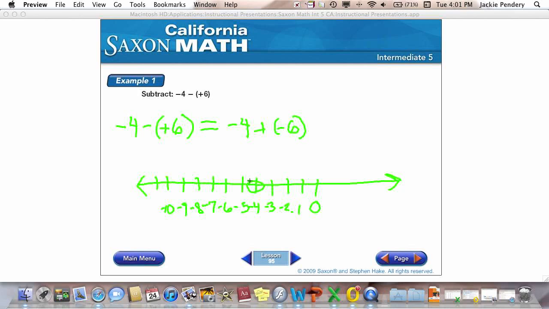Because this is a negative, we're going to move 6 this way. 1, 2, 3, 4, 5, 6. And so we end up at -10. Because I'm adding a negative, I'm going to move to the left. So -4 plus -6 equals -10. Okay? All right, let's move on to example 2.